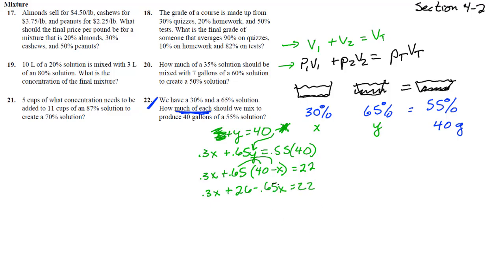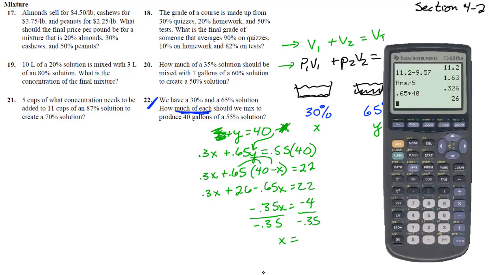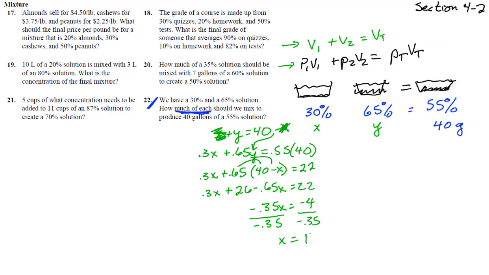Subtract the 26 off and combine these two together, and we get negative 0.35x equals negative 4. Divide by negative 0.35, and we get x equals, oh boy, those will be positive, so we can just do 4 divided by 0.35, enter, 11.43 gallons.